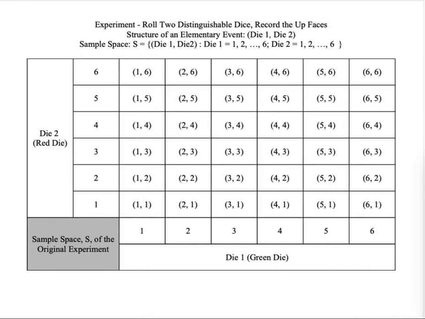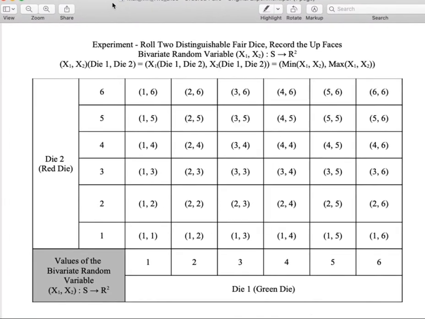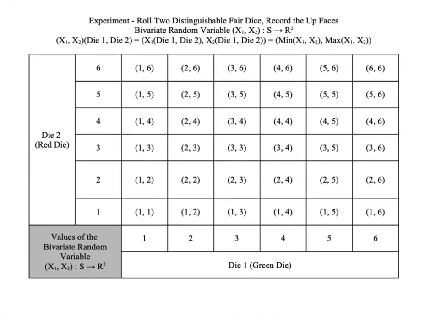For example, down here, in the original sample space, when die 1 is a 6 and die 2 is a 1, then we have the elementary event 6, 1. But now after we apply the transformation, these ordered pairs in this sample space are x1 and x2.